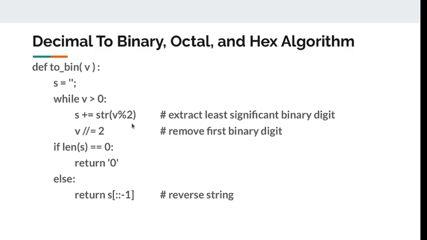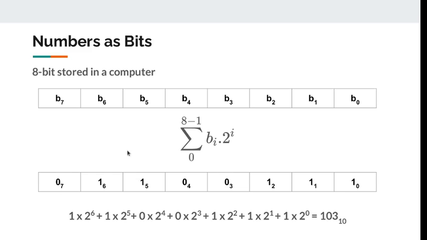We can use that for octal and for hexadecimal as well. We just have to change this to 8 and to 16, and we're going to have the same behavior. That's really interesting. But in the end, because we're doing it in the opposite way, we have to reverse the string so we can have the correct string.